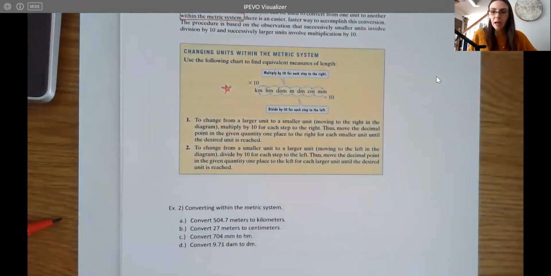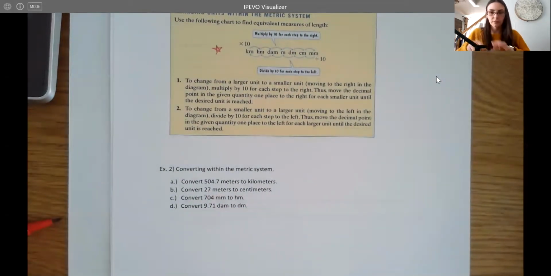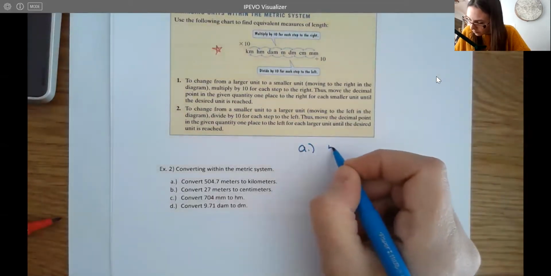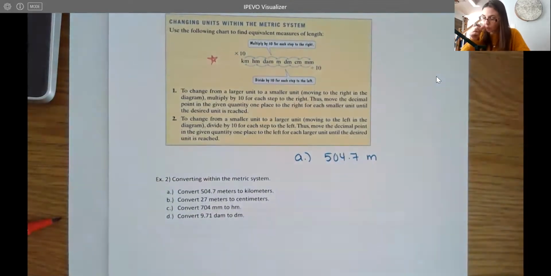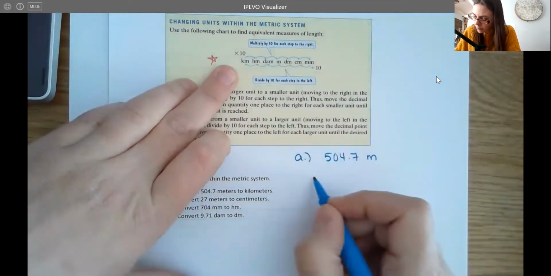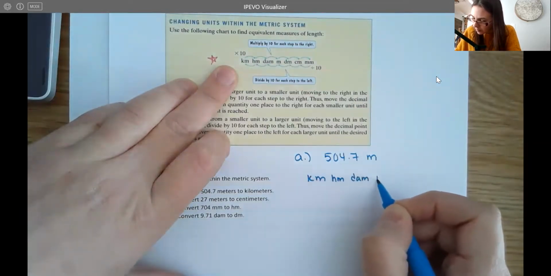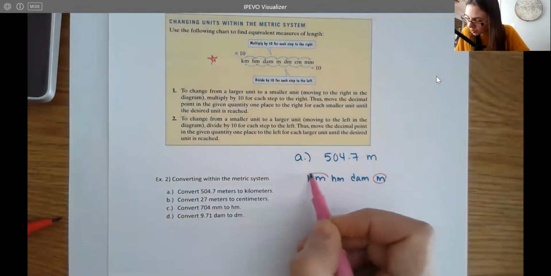Let me show you how the table works. Let's do the first one. We're going from 504.7 meters to kilometers. I'm going to rewrite this: km, hm, dam, and I'm going to stop because I'm going from meters to kilometers.